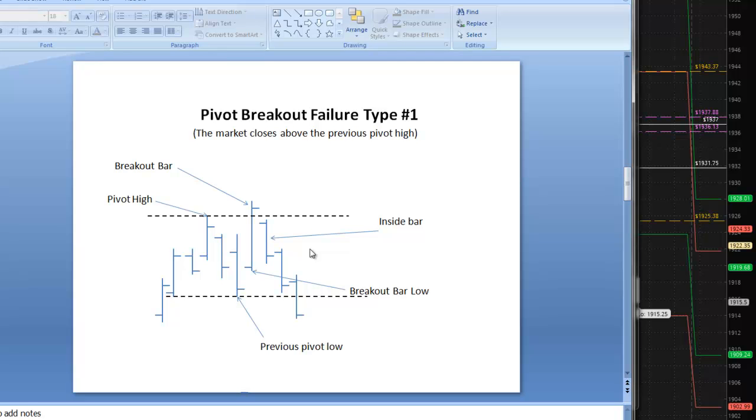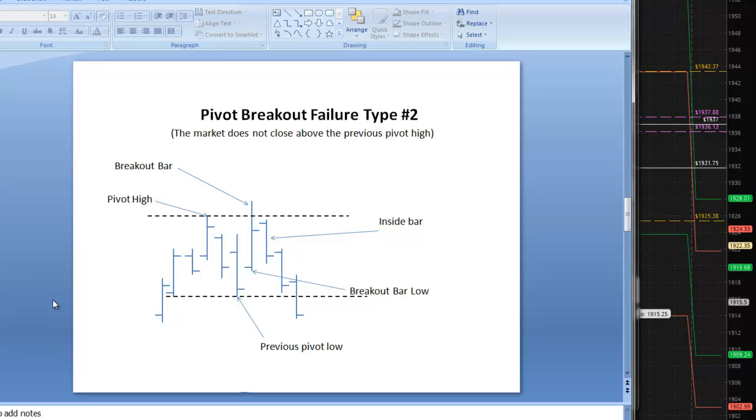And if you trade below that inside bar, then you want to get out of the trade because chances are you're going to reverse. And this is what happens here. You trade below the inside bar, price reverses, takes out this low, which would have been your pivot low anyway, also takes out the low of the breakout bar, and then reverses. So this would be a failure. And you can use this on any pivot, and I'm going to show you that in a minute.